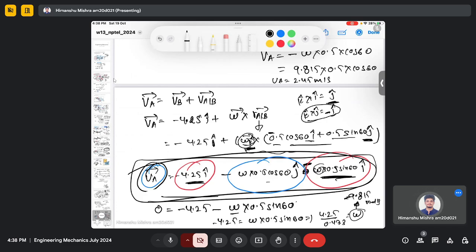Just to recap here, we have a system with multiple connected links.